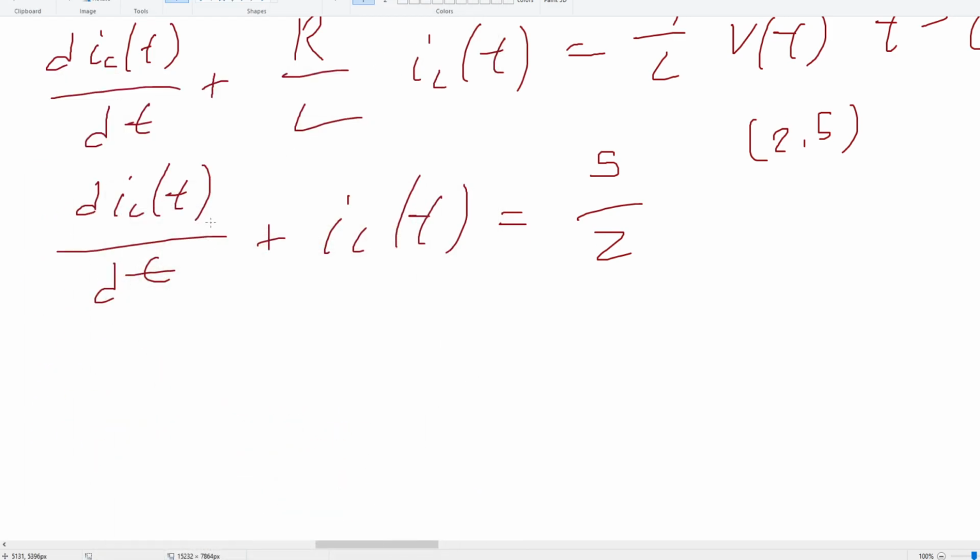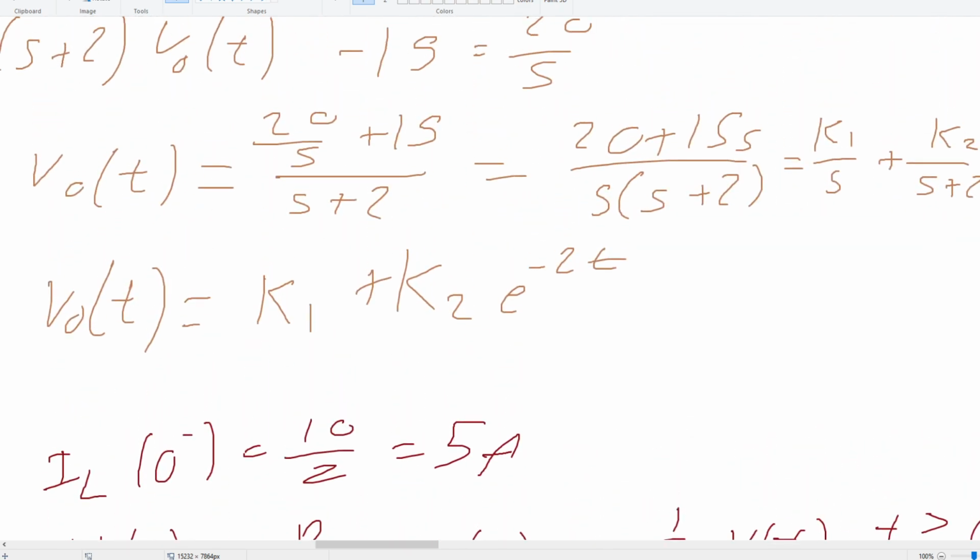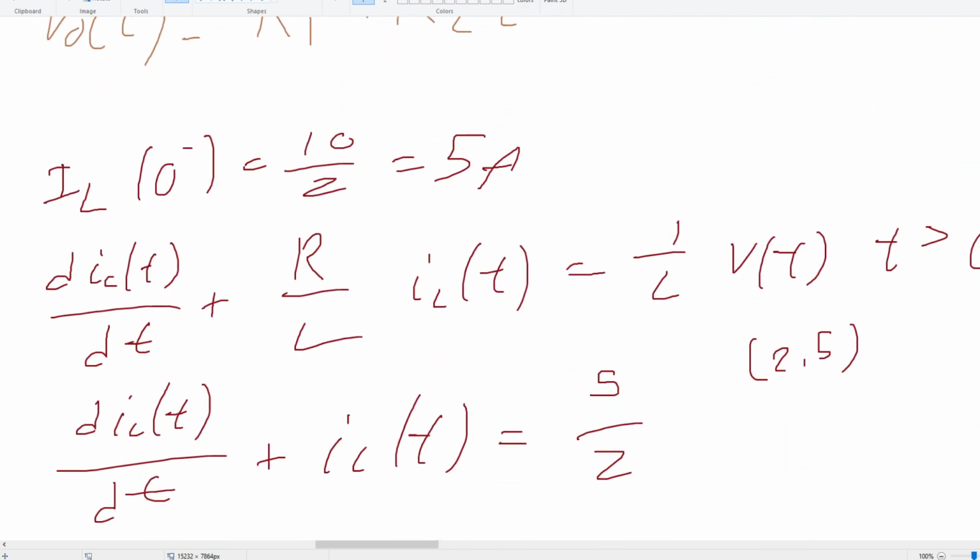This is almost the exact same thing as the capacitor one. So this is going to be s times I0t minus y0 minus, which we found, IL0 minus to be 5 amps.